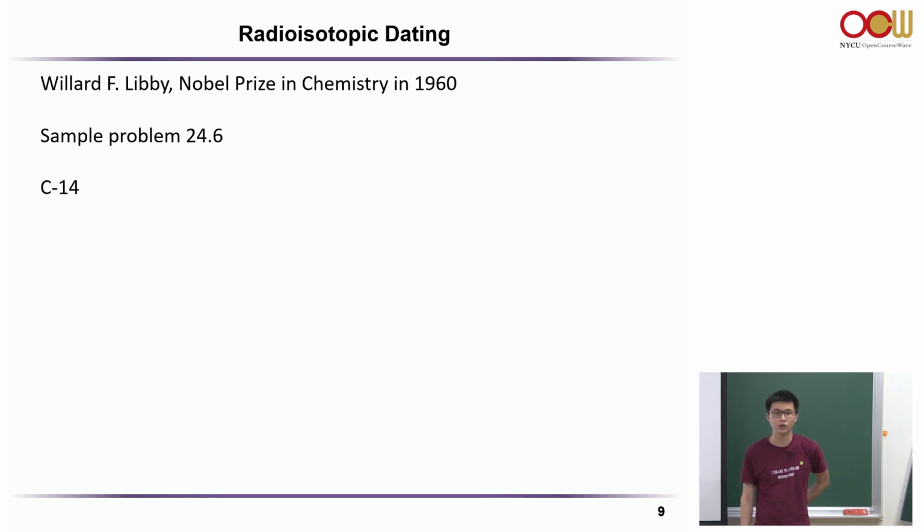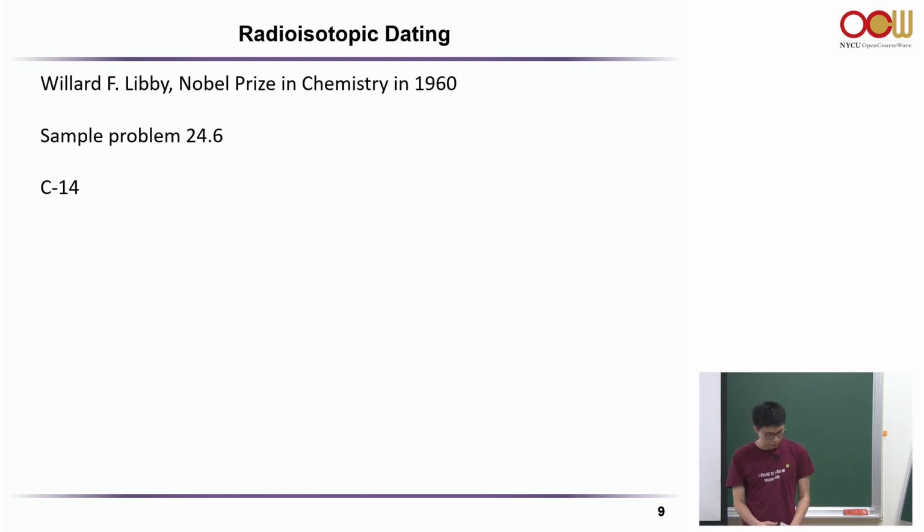We know in nature there's a distribution of isotopes, but this technique is not very sensitive. Your error range can be hundreds of years. Okay, so carbon-14 can be used to figure out how long this object has been around.